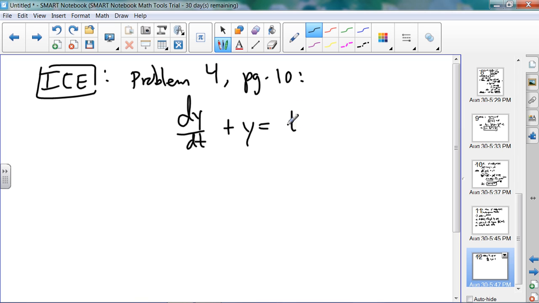And ignore the initial condition for now. We'll talk about that in a second. And just see if you can solve the differential equation itself. If you're watching this video by yourself, just give this a try. If you're watching with someone else, give this a try for maybe a minute or two, and then turn to that person and see if you can compare answers. And we'll come back and talk about the solution to this.